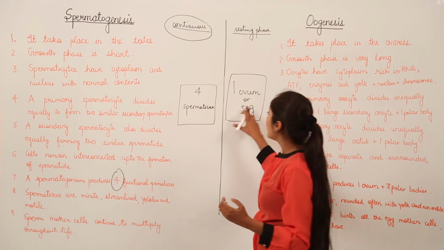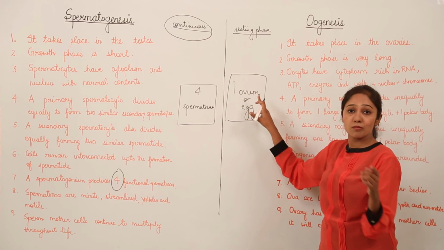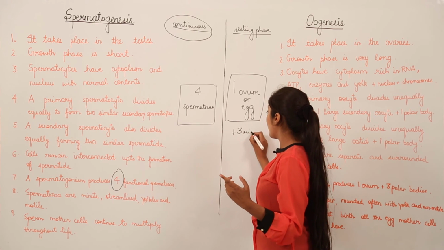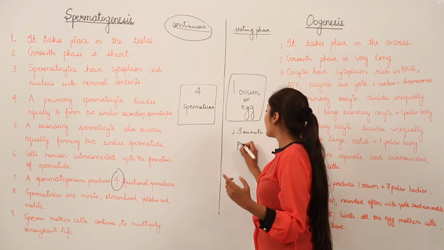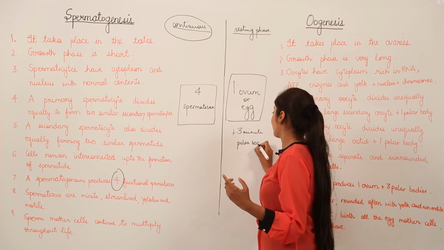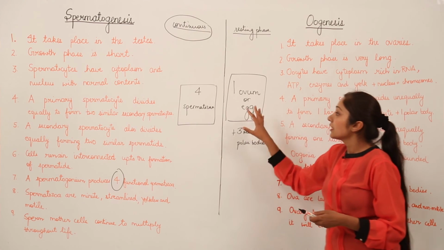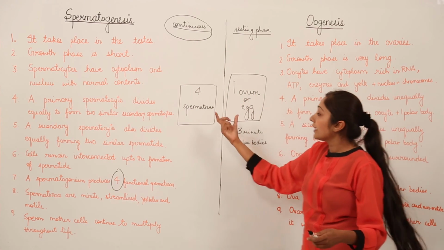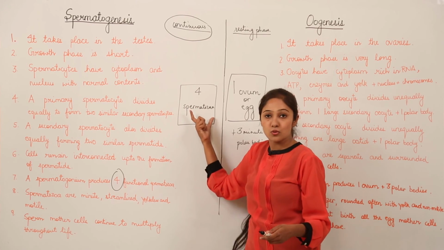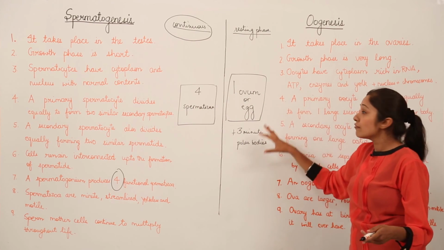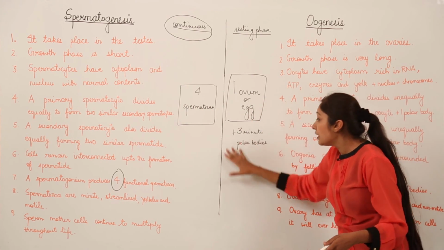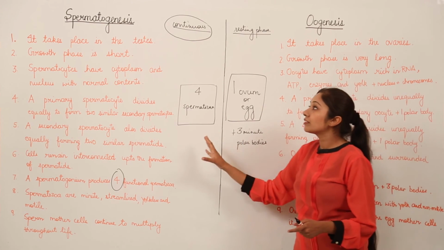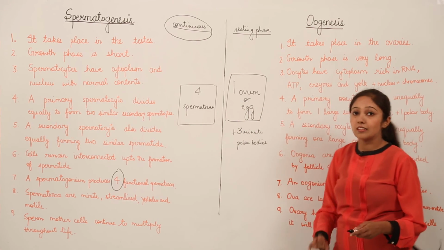Here we have only one ovum or egg plus 3 minute, very small polar bodies which are non-functional. So this is the end result of spermatogenesis and oogenesis. At the end we are going to have 4 spermatozoa, but in oogenesis we are going to have one ovum or egg with 3 minute non-functional polar bodies. So, I hope that these points of difference between spermatogenesis and oogenesis are now very clear to you.